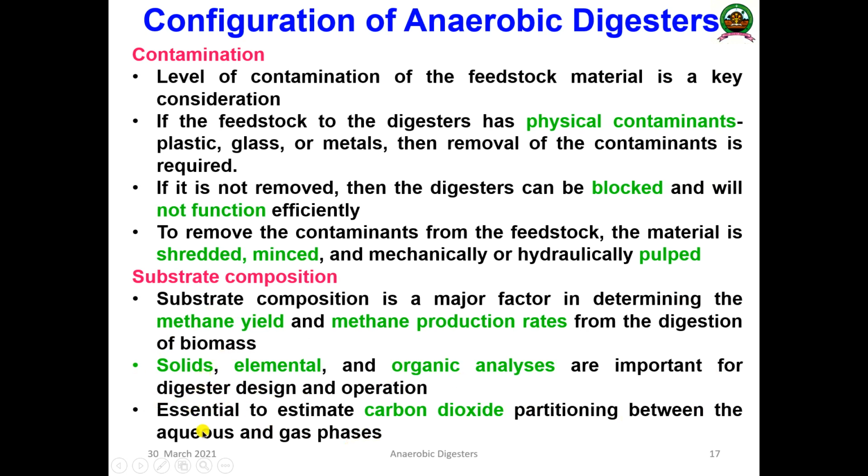This is also one of the important design and operation parameters for anaerobic digestion. Then it is very essential to estimate the carbon dioxide partitioning between the aqueous and the gas phases. It is essential to estimate the carbon dioxide that is commonly present in this particular gas. So that is another important aspect.